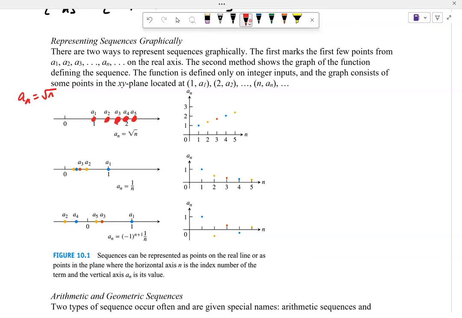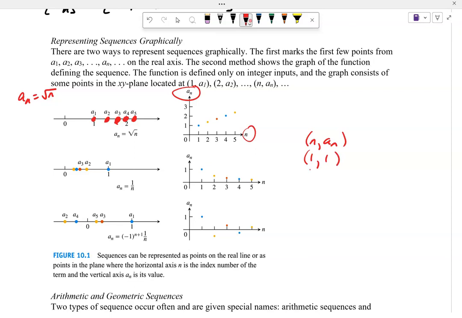Two-dimensionally, if you were graphing a sub n equals the square root of n, the horizontal axis is still your input, and your output is what you get for the value of that term, right? So if n is 1, the square root of 1 is 1.